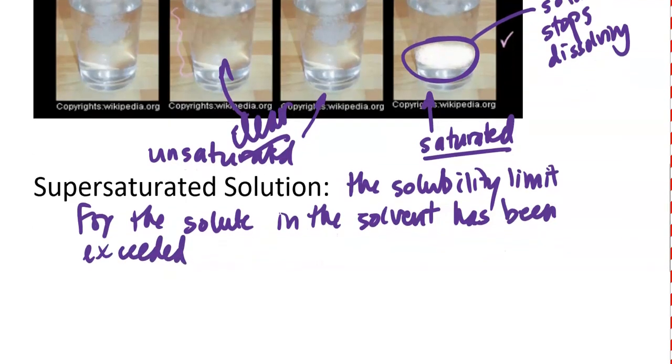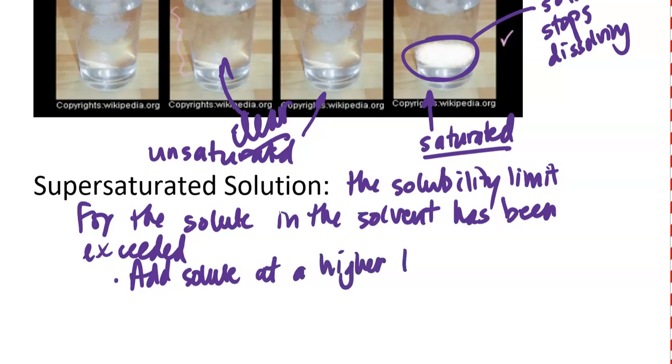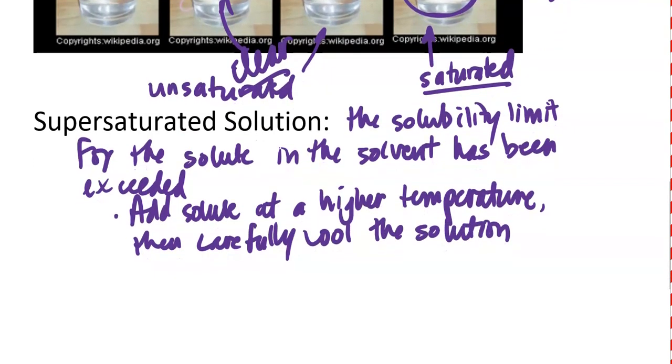And basically the way that you do this is you go and you actually add solute at a higher temperature. And then you carefully cool the solution. Now, basically, these types of solutions are highly unstable.